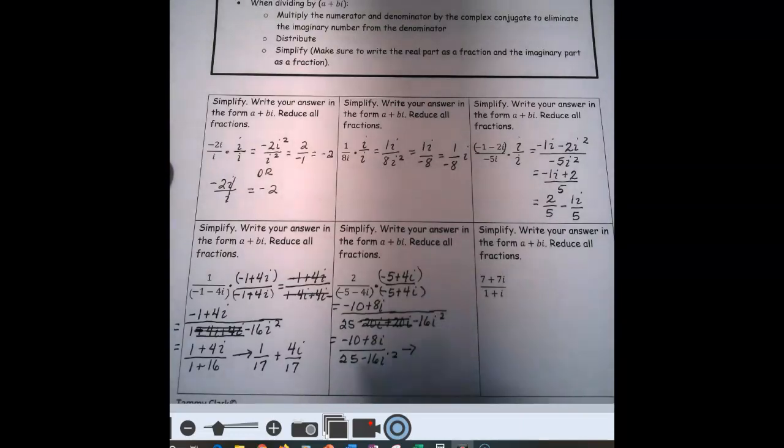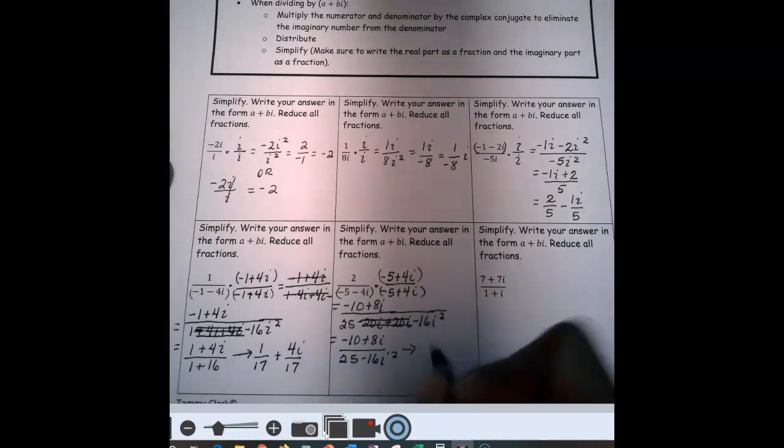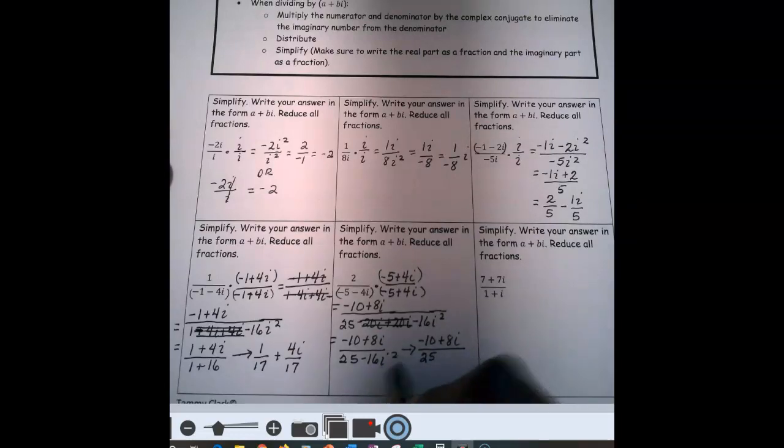So I'm going to do negative 10 plus 8i, and I think I have room to write what this should be, so I will. 25, i squared is negative 1, so negative 1 times negative 16 is positive 16, and here's our answer down here.